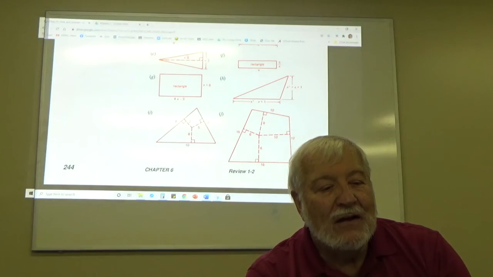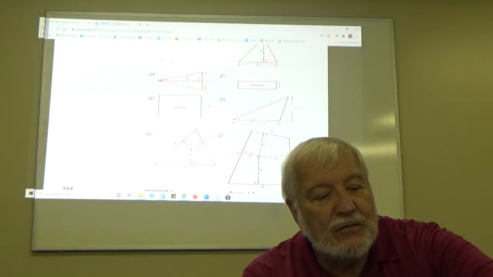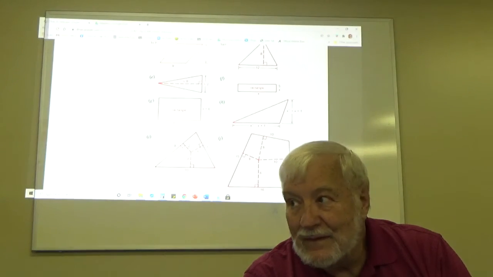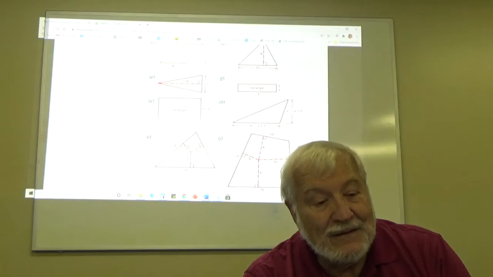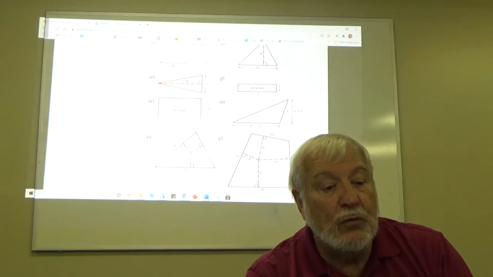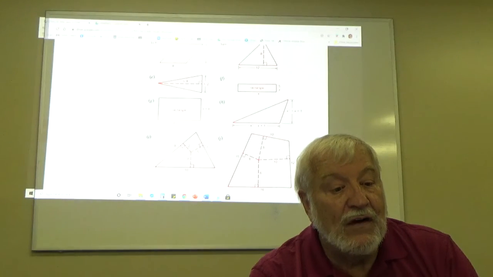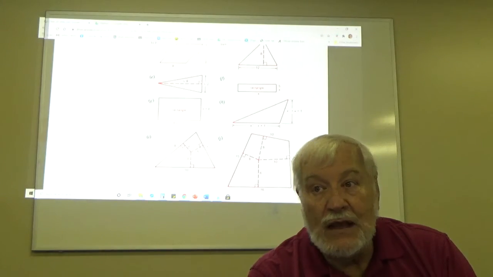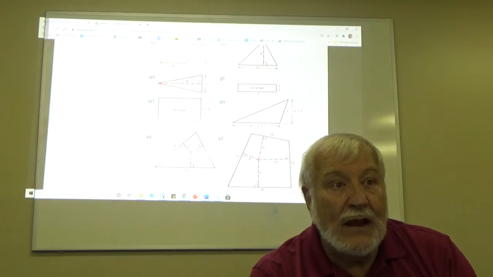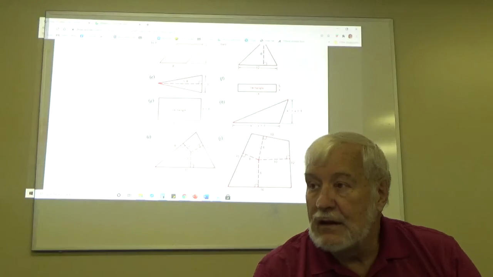All right, what happens for the area of F? Look at it. We did that last week. What do you have to do to find the area?